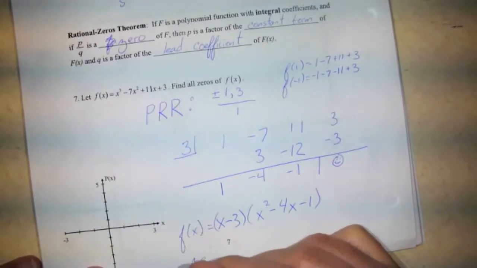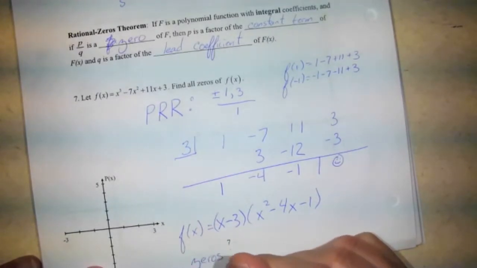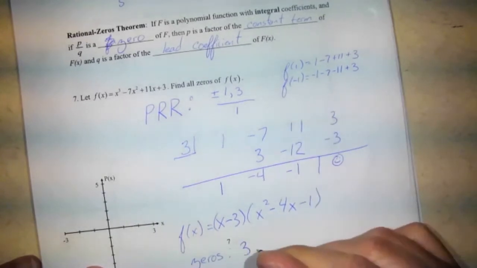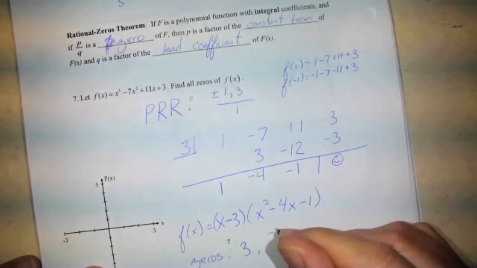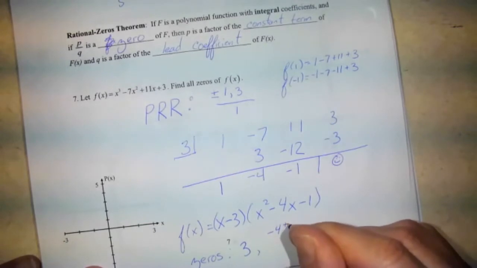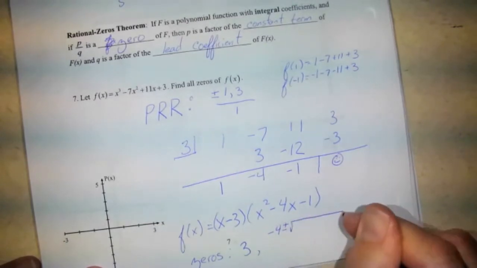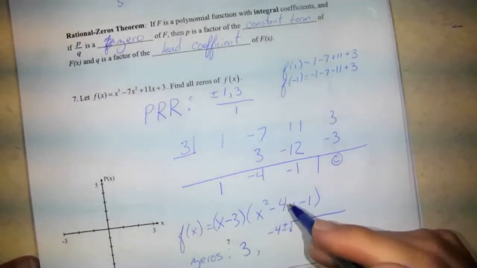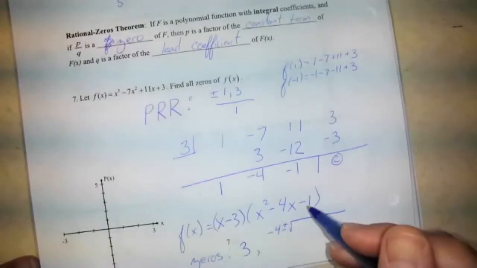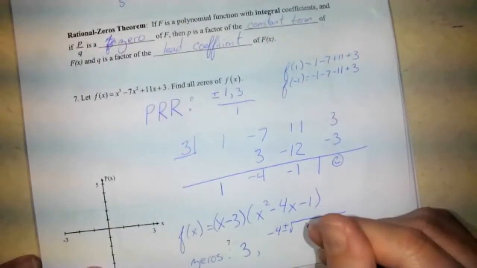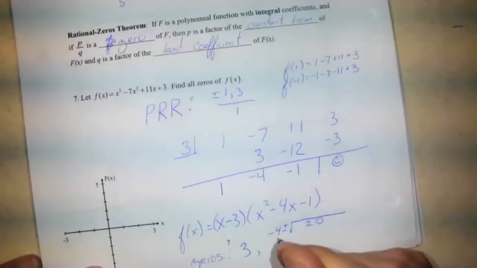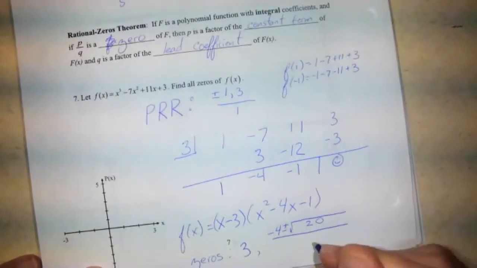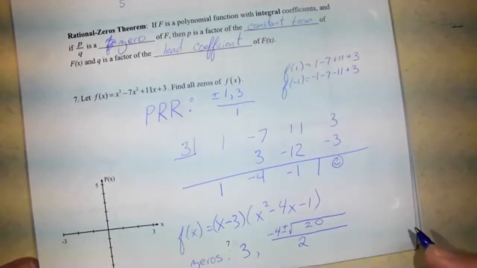So my zeros are positive 3, negative 4 plus or minus the square root of 16 minus a negative 4, so the square root of 20, all over 2.